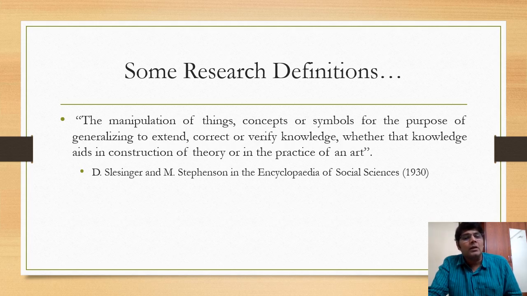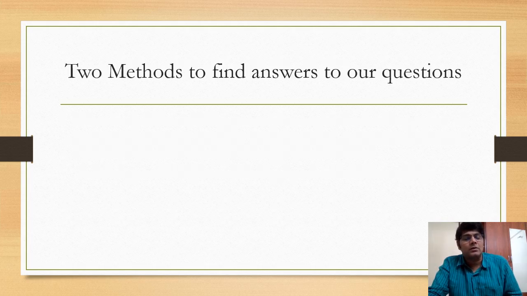And it says the manipulation of things, concepts, or symbols for the purpose of generalizing to extend, correct, or verify knowledge, whether that knowledge aids in construction of theory or in the practice of an art. And this was given as a part of the Encyclopedia of Social Sciences. And this became more popular that many people started employing this for their research definitions.